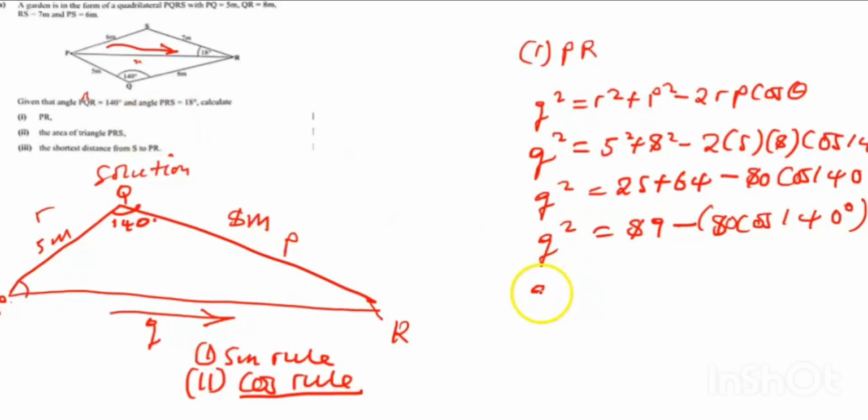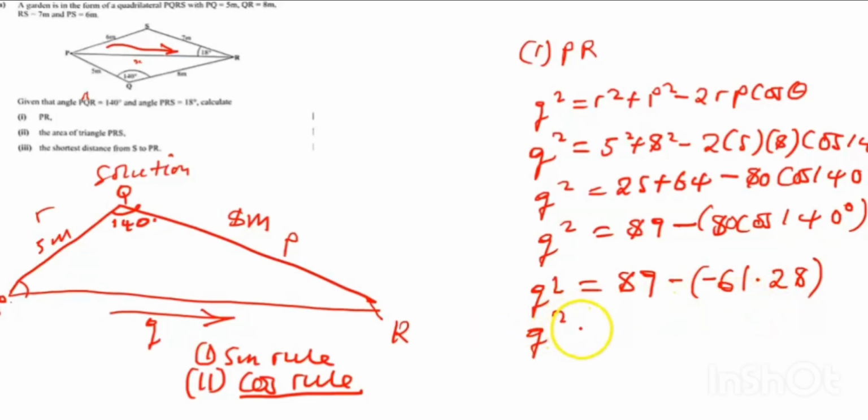So we have q squared equals 89 minus open bracket minus 28, then close bracket, then q squared equals... negative times negative, which is positive, so it will be positive 61.28.